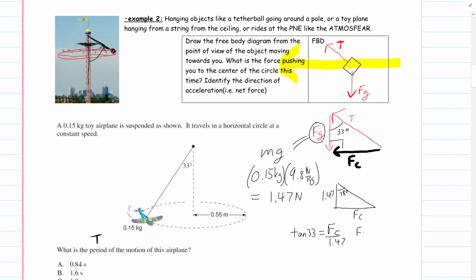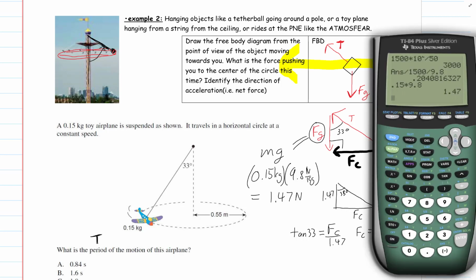So FC is going to equal 1.47 times the tan of 33. So we multiply this by the tan of 33, and we get that the centripetal force, FC, is equal to 0.9546, if you want, take a lot of sig figs in there, newtons.